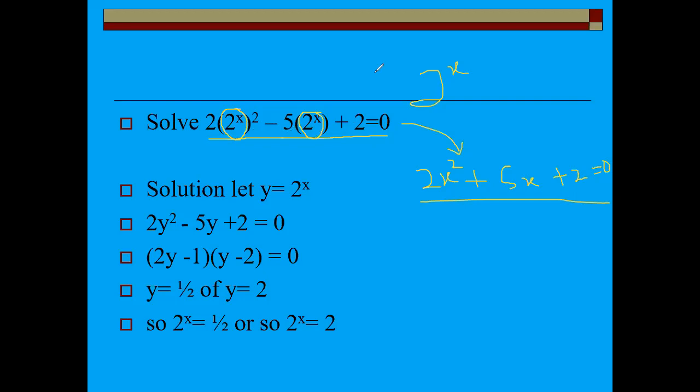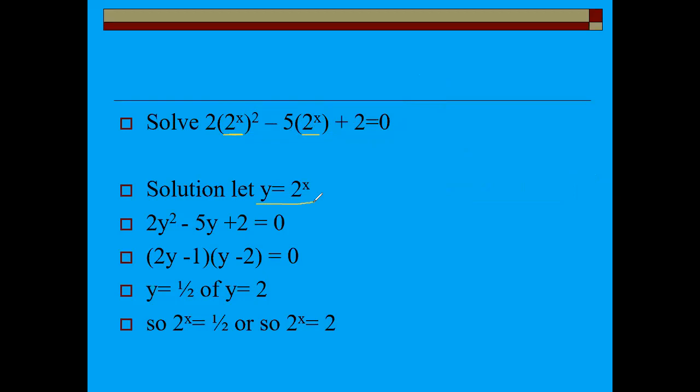Just that it's expressed in terms of exponential function. So to make it very simple for us to solve, we can let y or any letter represent this exponential function, which is 2^x. So we are saying that let y be equal to 2^x. If we make y equal to 2^x, then wherever you are seeing 2^x is going to be y, and this side too is going to be y.